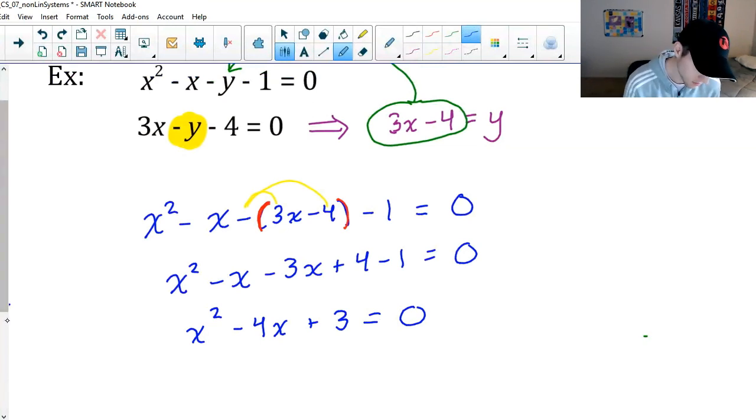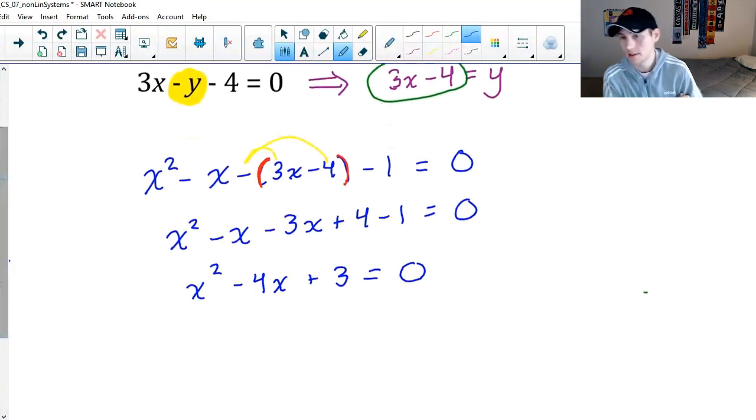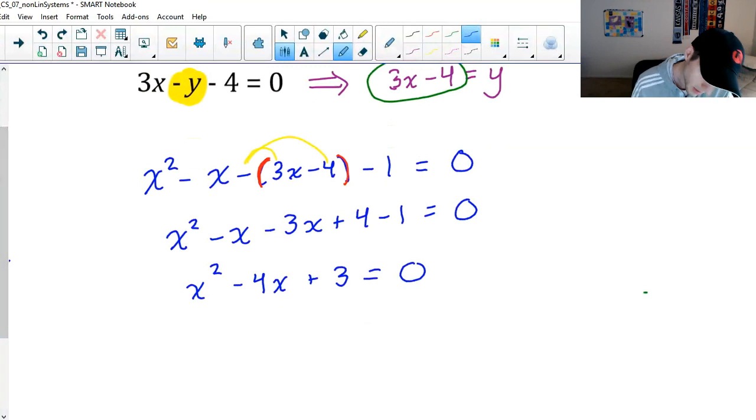Great. So now going back to the very beginning of the year, we talked about all of our methods of solving quadratics: factoring, completing the square, using the quadratic formula, but the quadratic formula sucks. So hopefully we don't have to use that. But I'm looking at this one, and this is something that I can just factor.